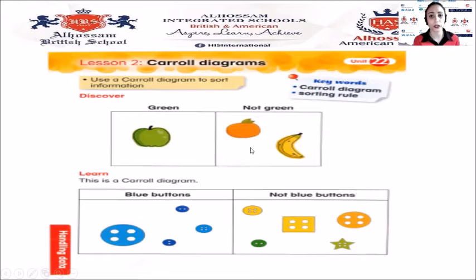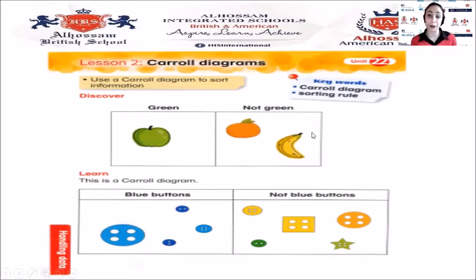And I have an orange and a banana. They're not green, so I take them and put them under not green things. Now we have two groups: the first one, green; the second one, not green. Any other color, I would put under not green.